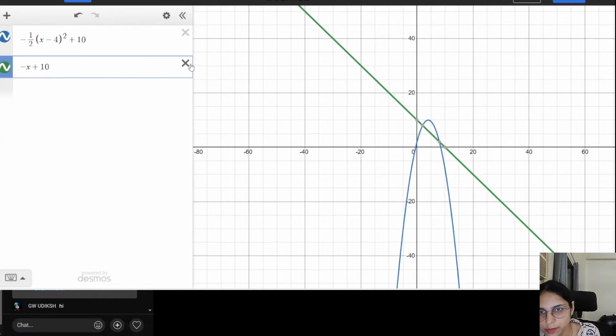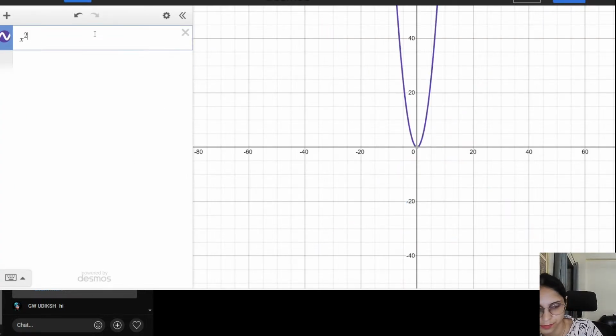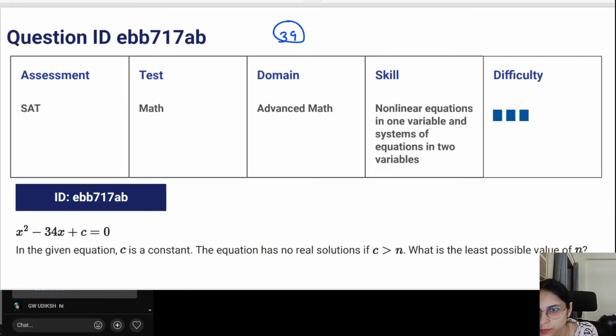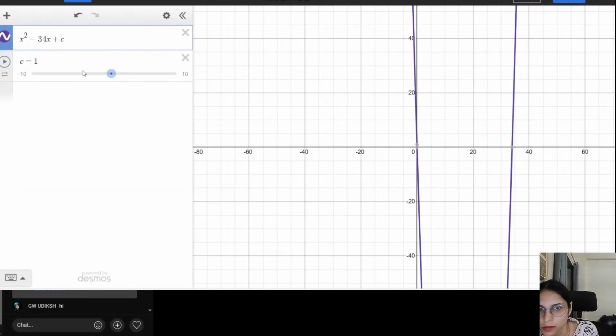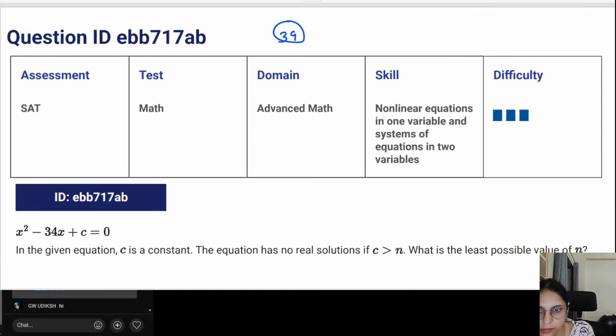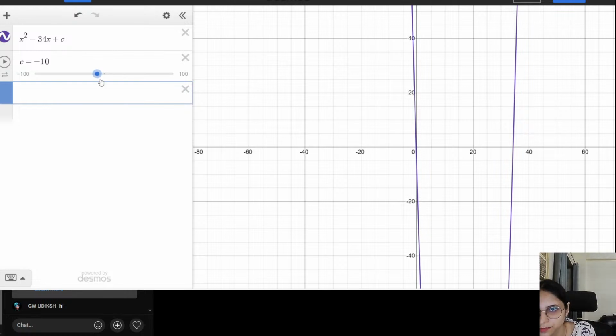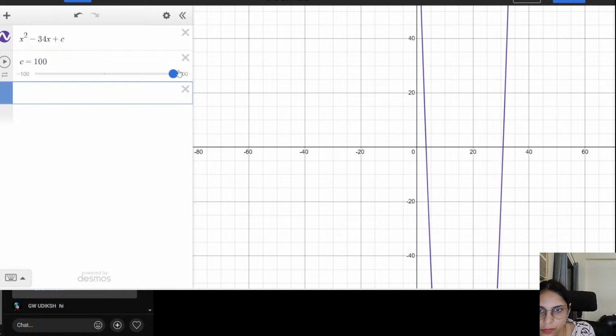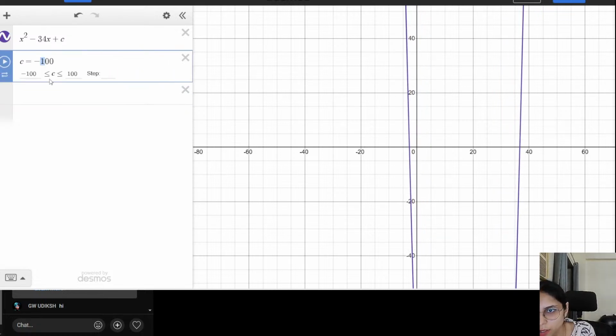Again, x squared minus 34x plus c is equal to 0. No real solution, you can see the solutions. We'll have to go up to 100. C is a constant, it could be anything, yeah. So 100 is also not working, so now go to 200.